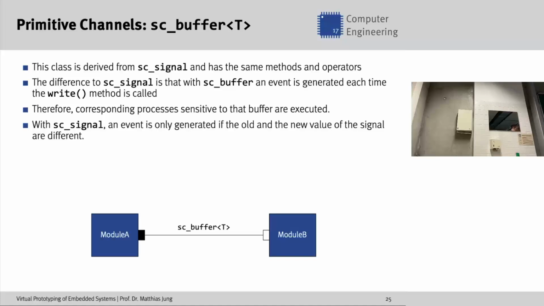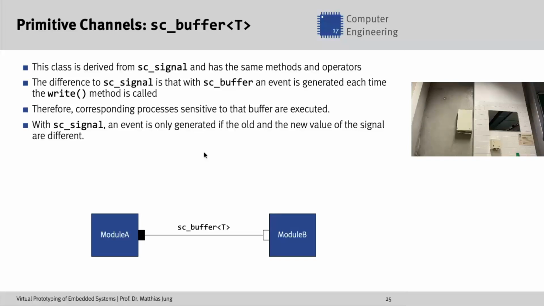So if you write a value to the signal, then wait for some time and write the same value again, no event will be fired. It will just be ignored because it hasn't changed. If you write 11, then you would have 2 events, actually.